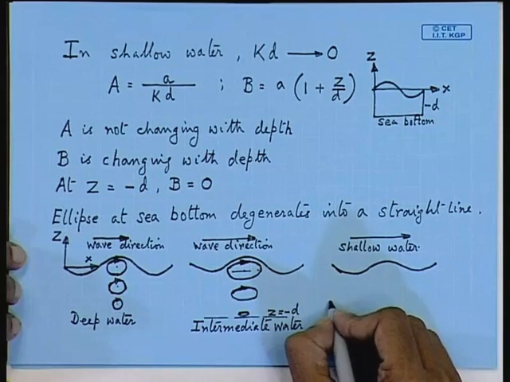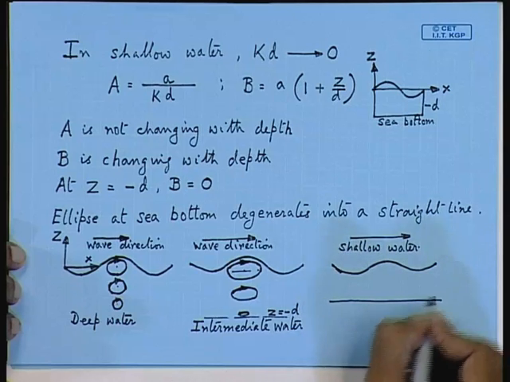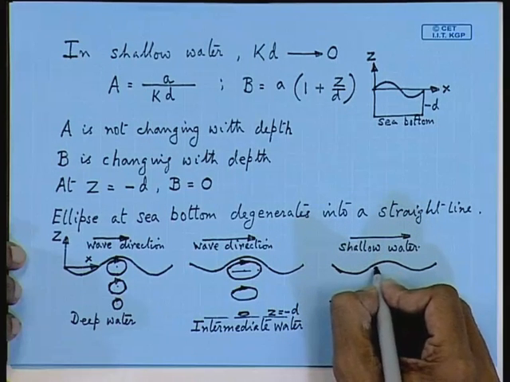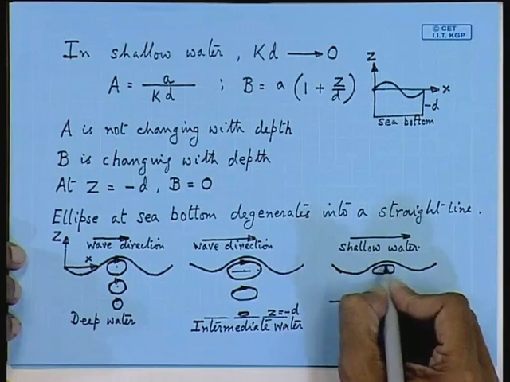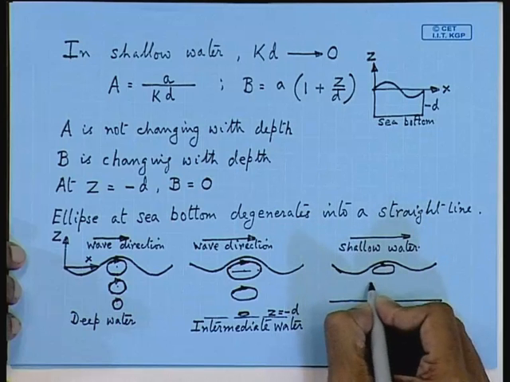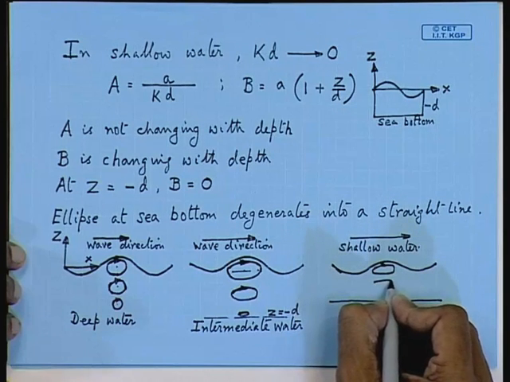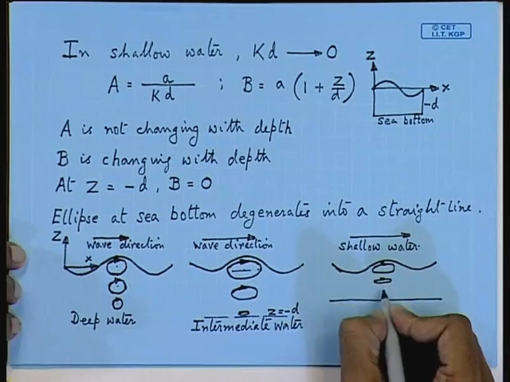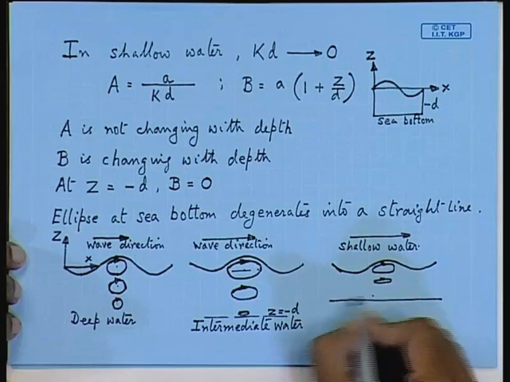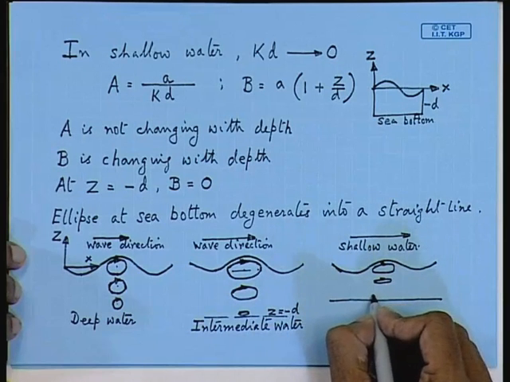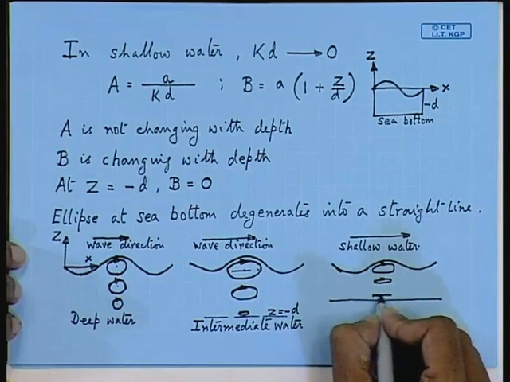So, let us try to decrease the depth. Here you get an elliptic shape, and this will come like this, but instead of this short value of b, you will get a straight line like this.